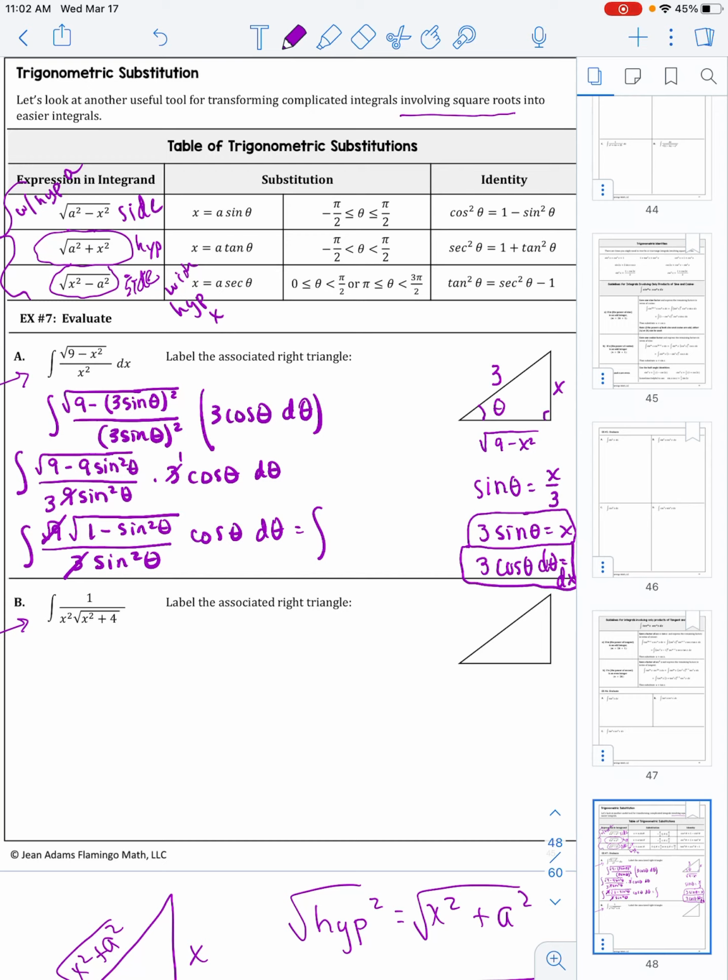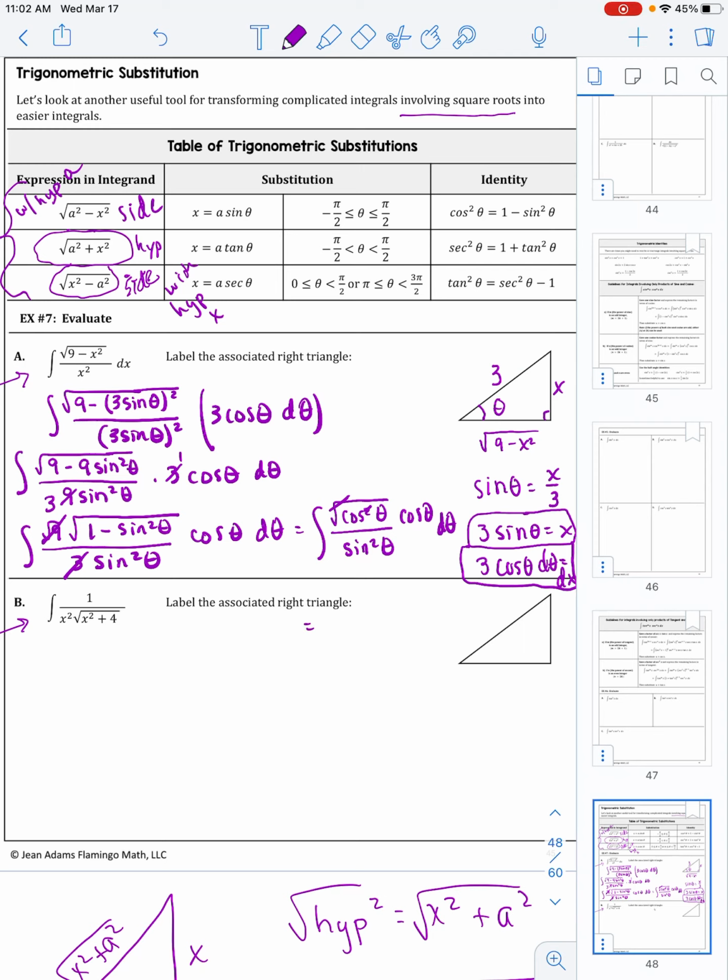Now, 1 minus sine squared is cosine squared. So I'm going to put cosine squared there. And now, look, the square root and the square cancel.